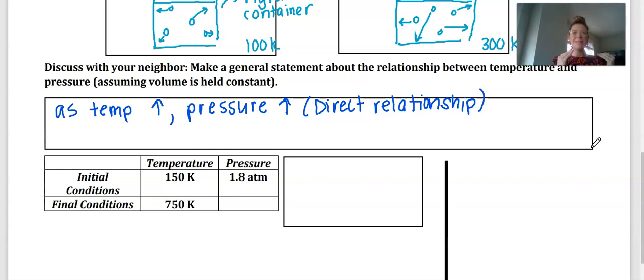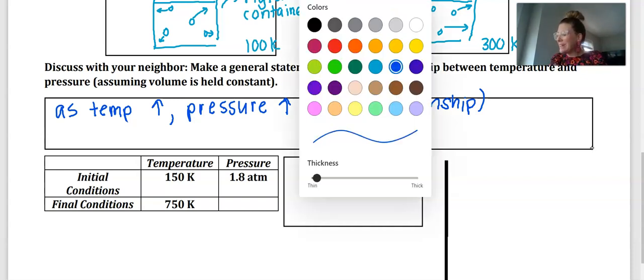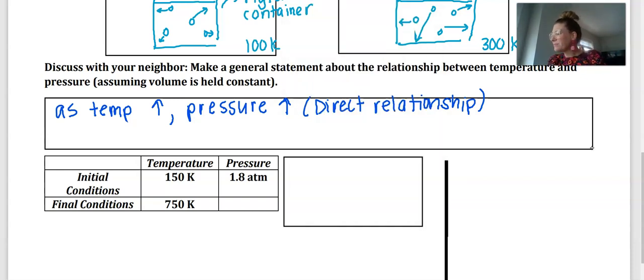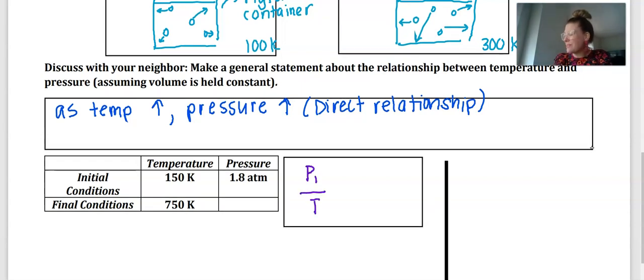That doesn't really help, but division is direct relationships. So let's create that equation. Our equation here is going to be P1 over T1 equals P2 over T2. Again, note that you need to convert to Kelvin anytime we are using temperature in the denominator.